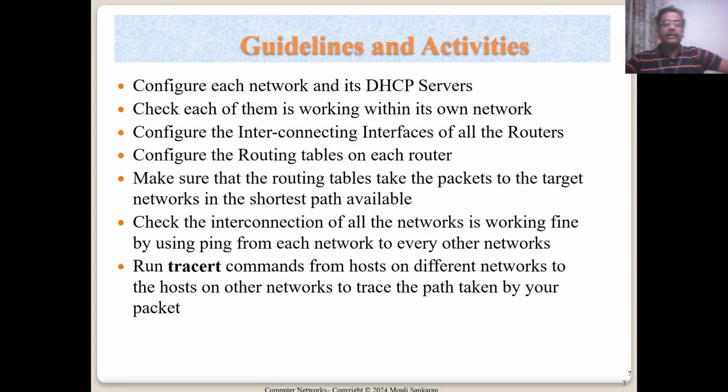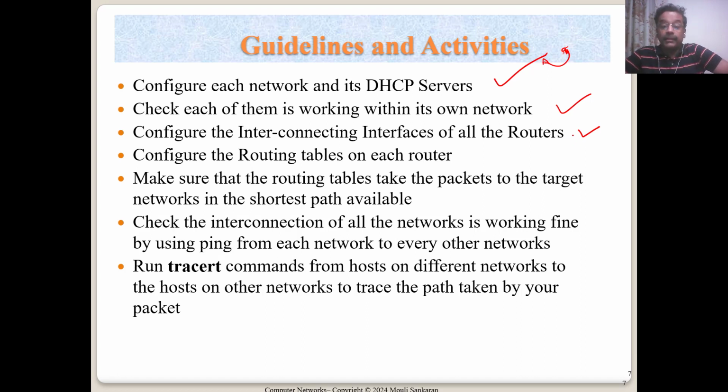Now, configuration guidelines. You have to configure the DHCP servers, as I explained. Check that each of them is working fine. How do you check? You open the laptop and see whether the IP address is allocated properly, and then ping the machines on the same network from each other, so that you know those hosts are properly configured. Then you have to provide IP addresses to all the interfaces of the router.